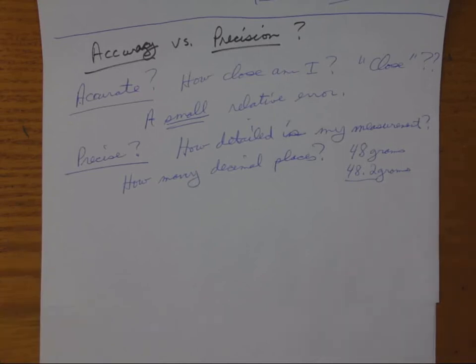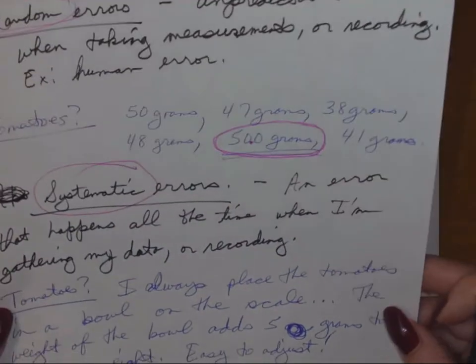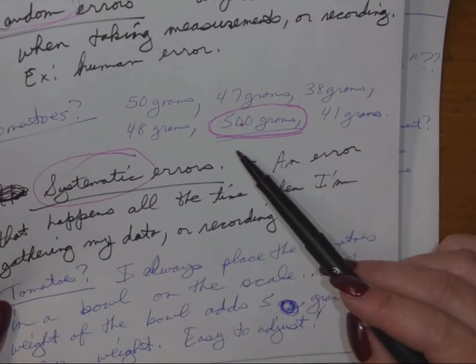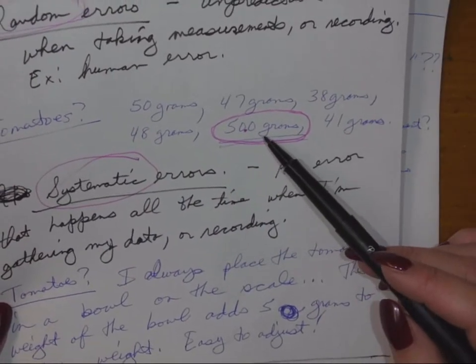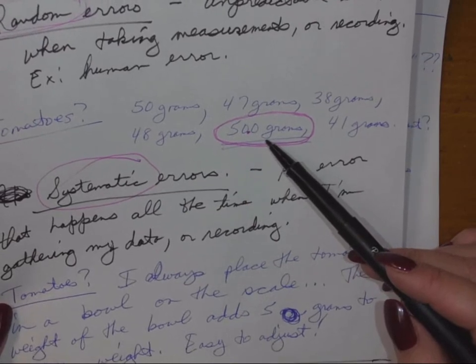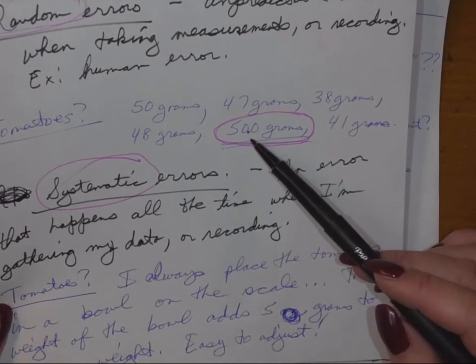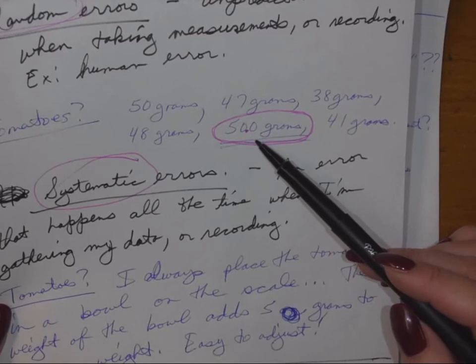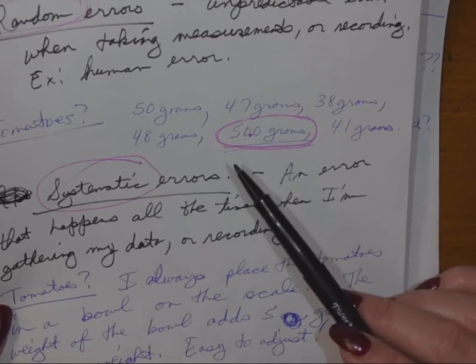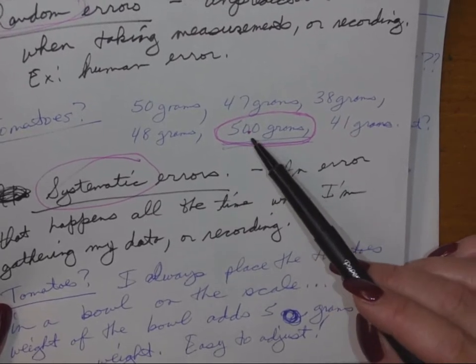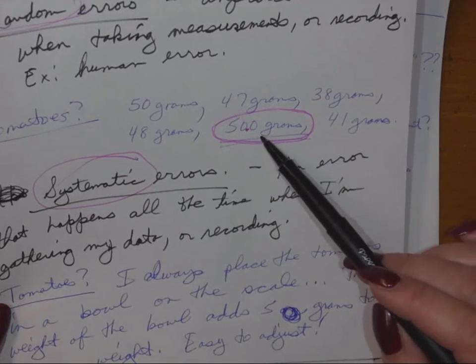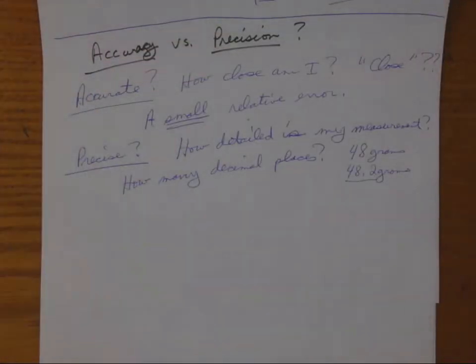So in other words, this person right here who was doing the 50.0 maybe, okay, they may have been very precise in their measurements, but whenever they entered it in the computer, because they made it 500 instead of 50, they were not very accurate with this measurement, right? They were way, way, way off. We know they were 450 grams away from the real value. So being way, way, way off, not a good thing.